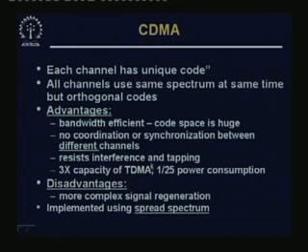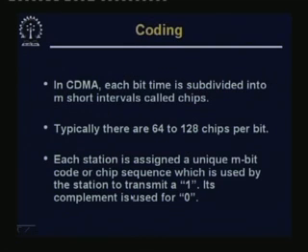I said that of TDMA when I talked about simple TDMA, but you can mix up FDMA and TDMA and get good efficiency there also. This fight between GSM and CDMA is quite ongoing and it will go on for some time. The disadvantage is that it has more complex signal regeneration. So, this is how it is implemented.